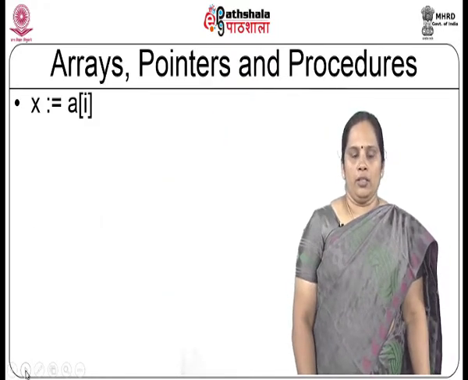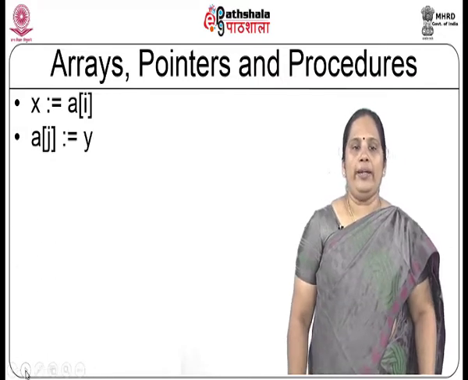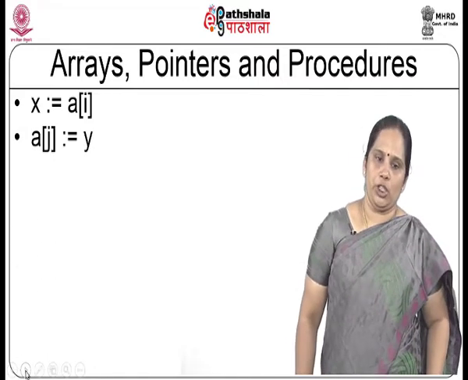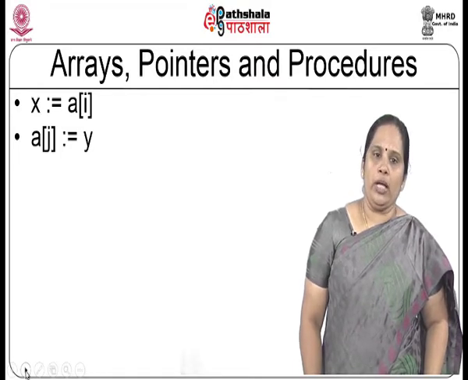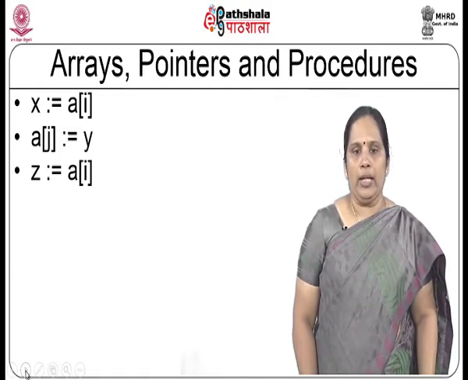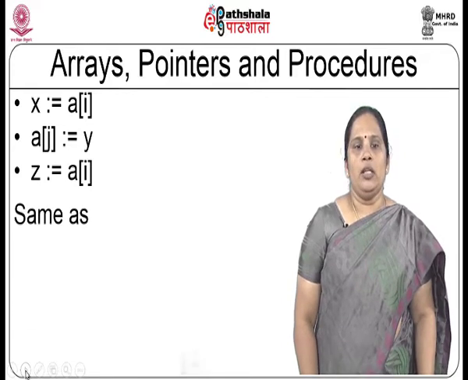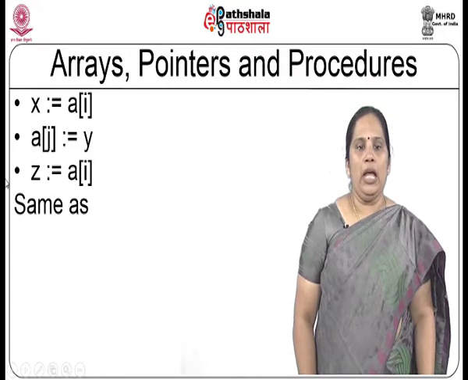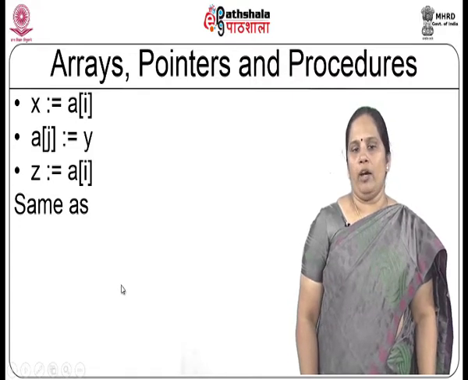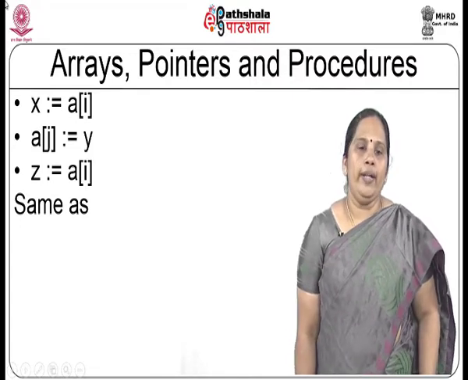Now, the situation here is, how do we deal with arrays, pointers and procedures? There could be a small problem which could arise. We will see how it arises and how to handle it. So, for example, x is equal to a of I, and then a of j is equal to y, and then z is equal to a of I. Now, what does it tell you?